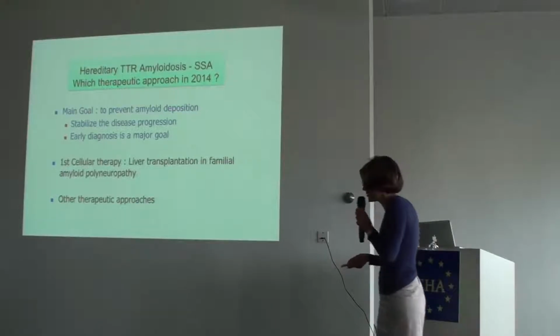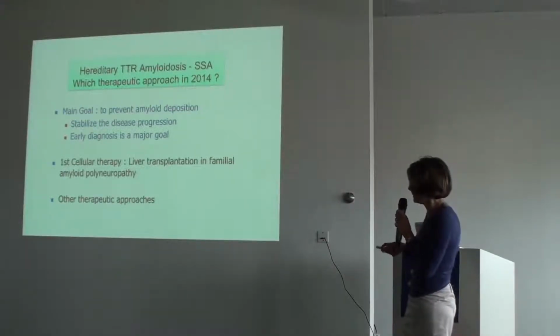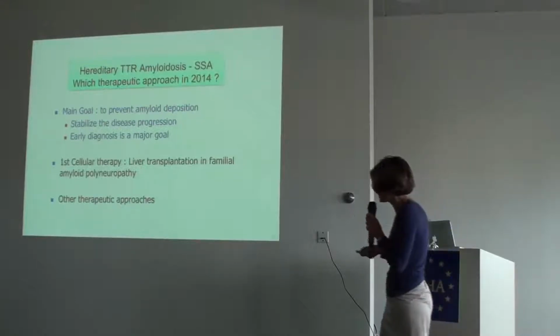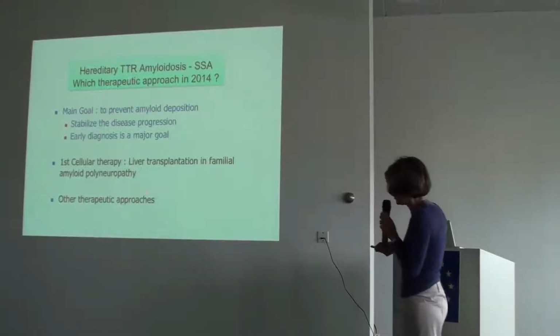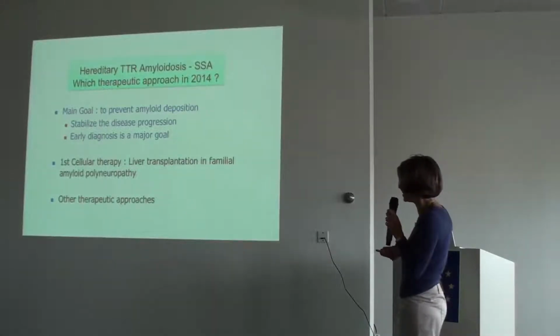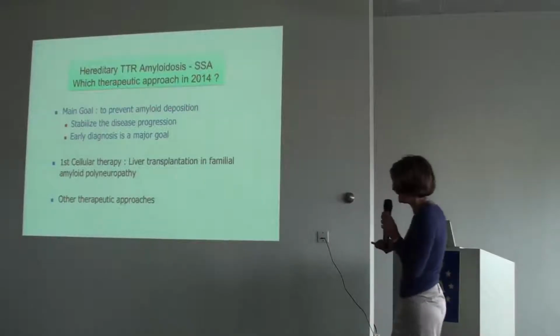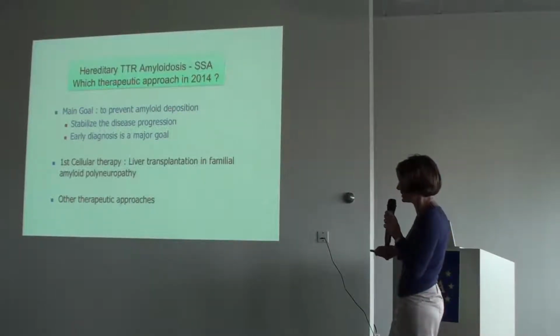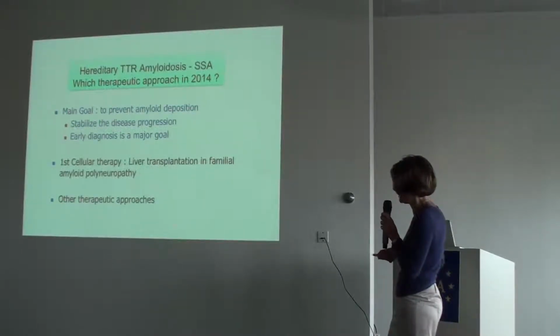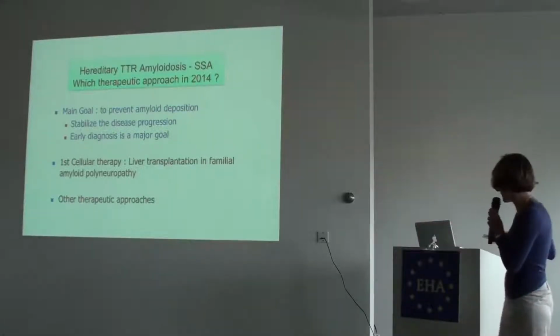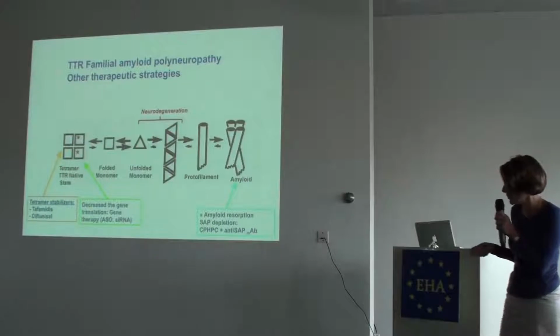This was performed by the Swedish team in the 90s. With more than 20 years of experience, we now know that this therapy is able to stabilize the neuropathic process in young onset V30M patients, whereas it's not able to stabilize the cardiac progression of the disease, probably because there is some combined feature linked to aging.